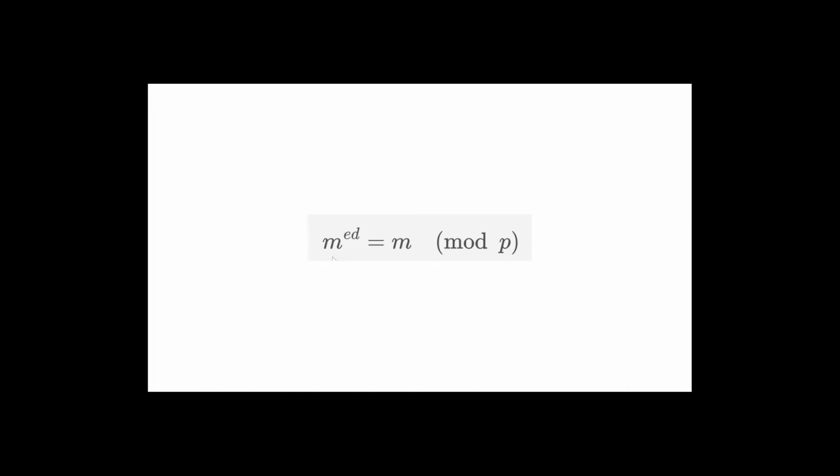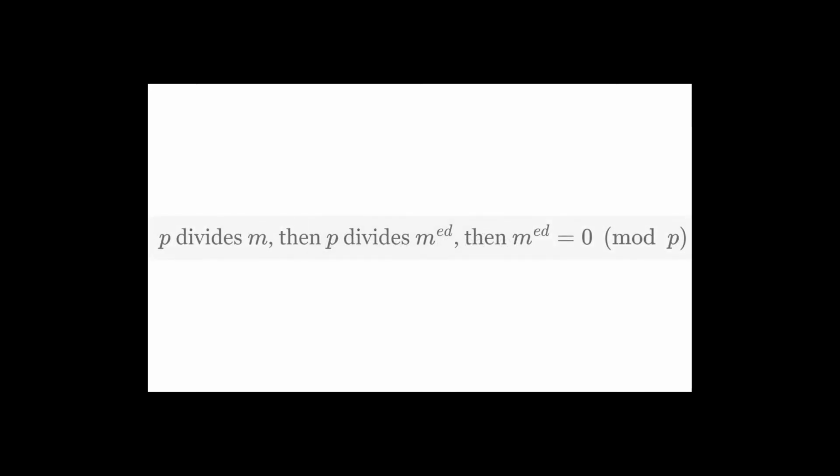So how do we do that? We have two cases. If m equals 0, then we have m equals 0 modulo p, which again means that p divides m. M is a multiple of p if you prefer. So m power ed is m multiplied by itself ed times, so that's also a multiple of m.